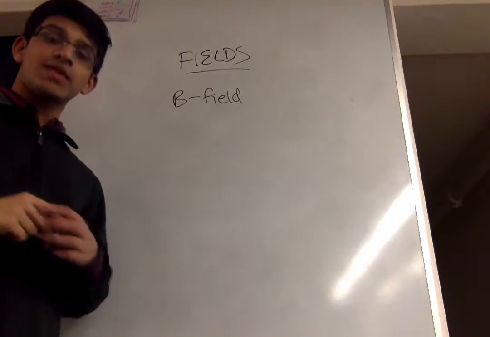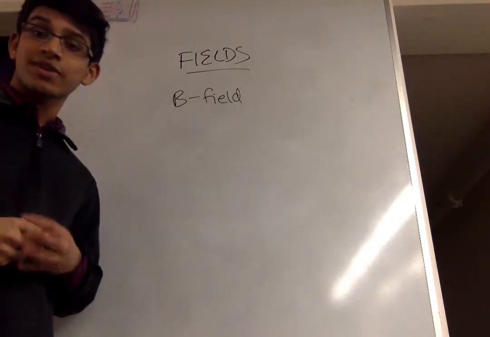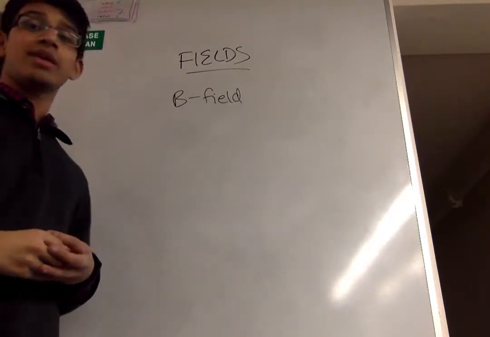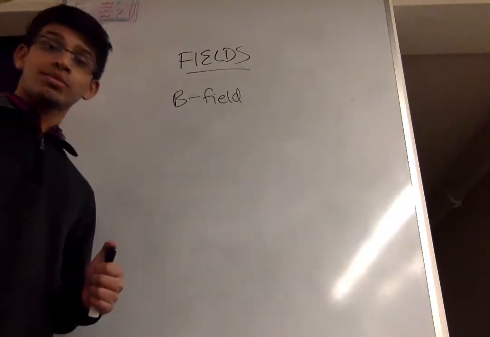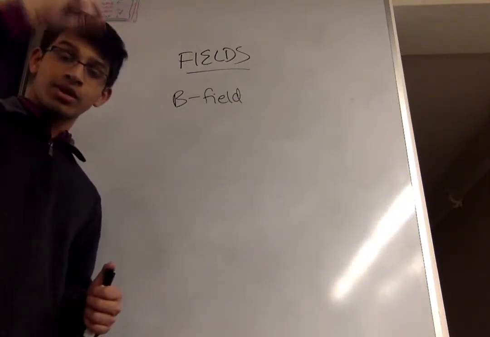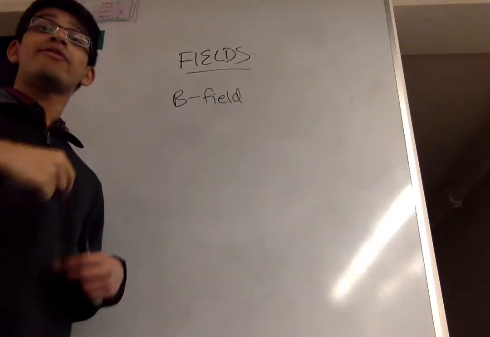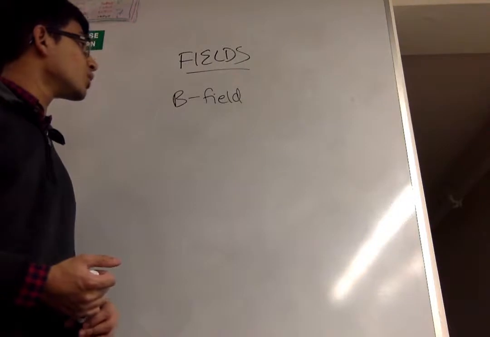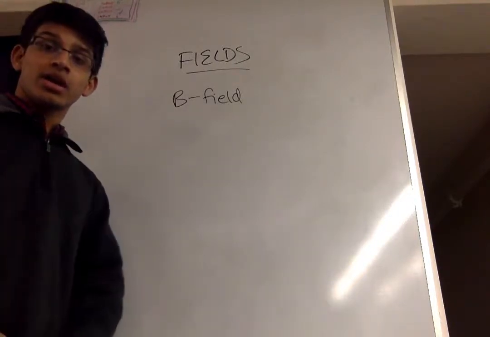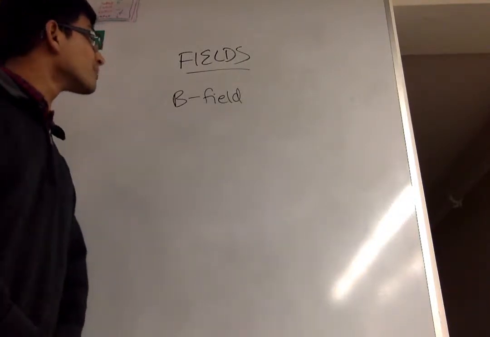Now, this might sound like something straight out of a science fiction book, but a magnetic force field, or the B field, is a field where if you were to place a charged particle inside this field, a force would be exerted on that charged particle. Kind of like the electric field with a charged particle as well.